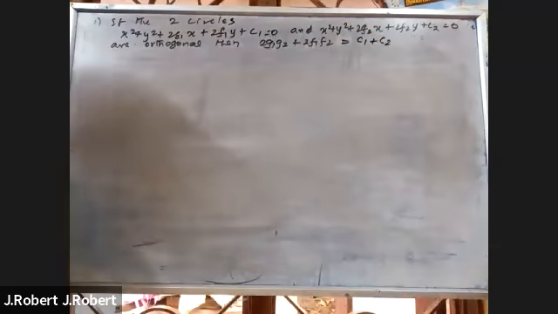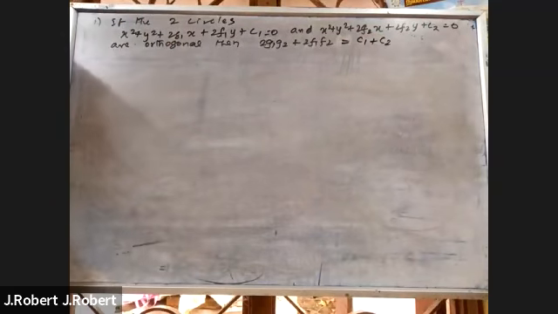When the two circles are said to be orthogonal, the condition for that is 2g1 g2 plus 2f1 f2 is equal to c1 plus c2.